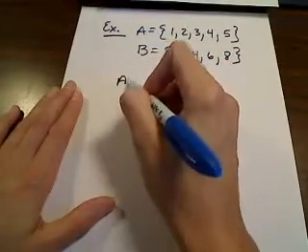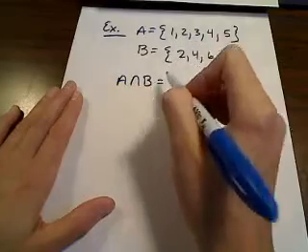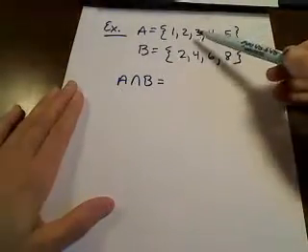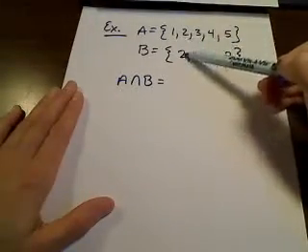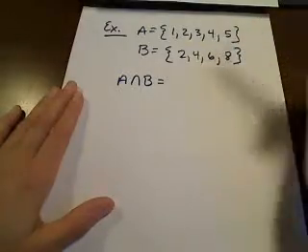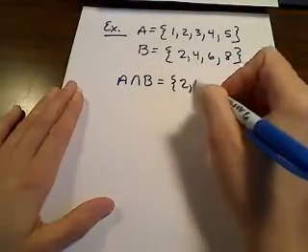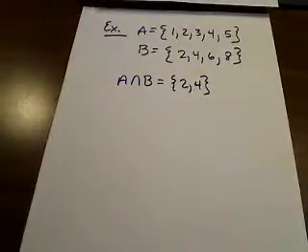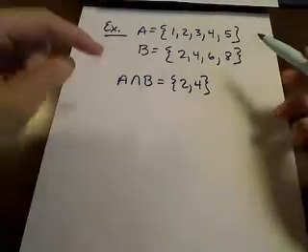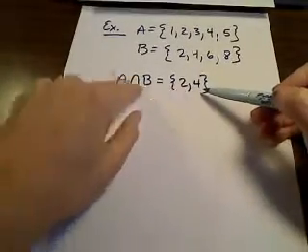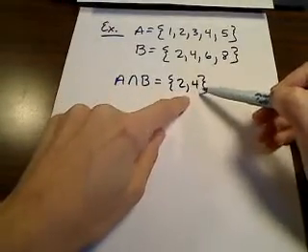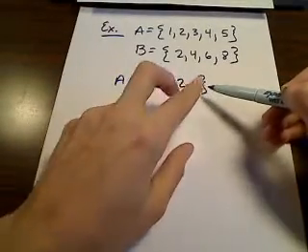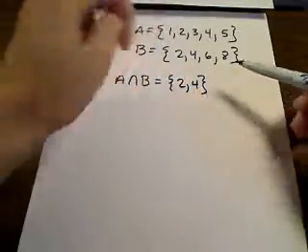If I wanted to find A intersect B, then I'm looking for what do they share in common? Well, they both have a 2 and they both have a 4. So the intersection would be the set that contains the elements 2 and 4. Okay, so obviously notice that A intersect B is a whole new set in and of itself, and it's containing the elements that they share in common.